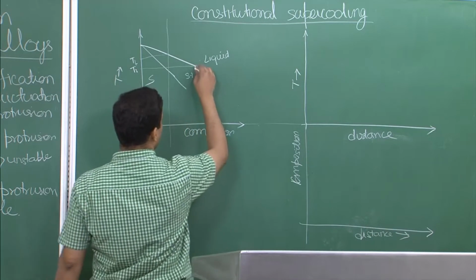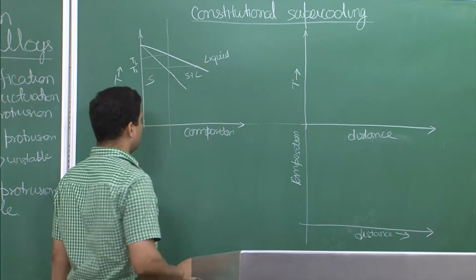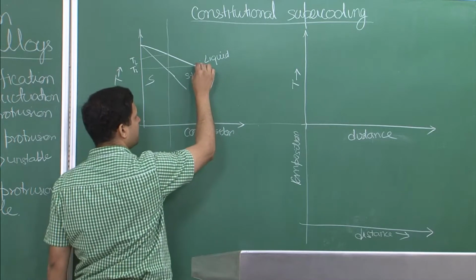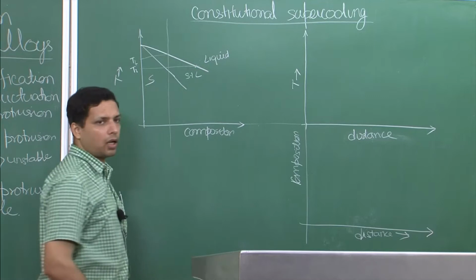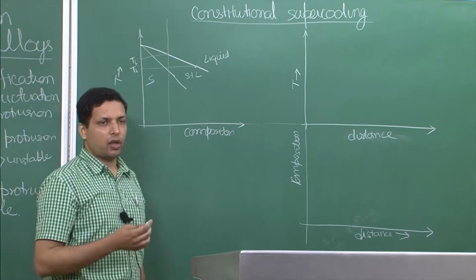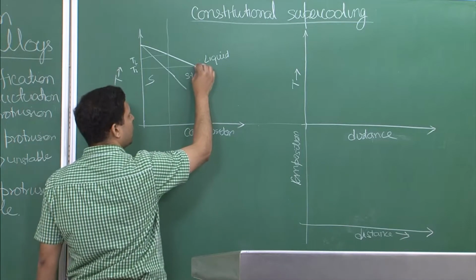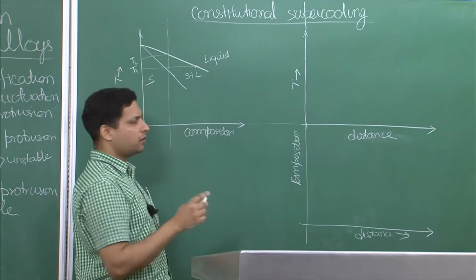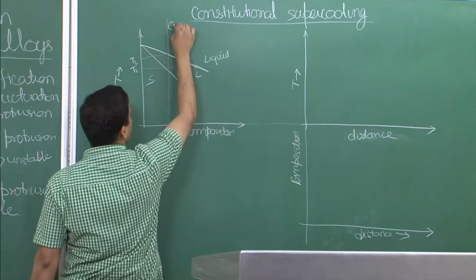Okay, so now let us say the liquid at the interface is at this particular concentration, but if we are solidifying, then in the overall pool the liquid concentration should be C naught.